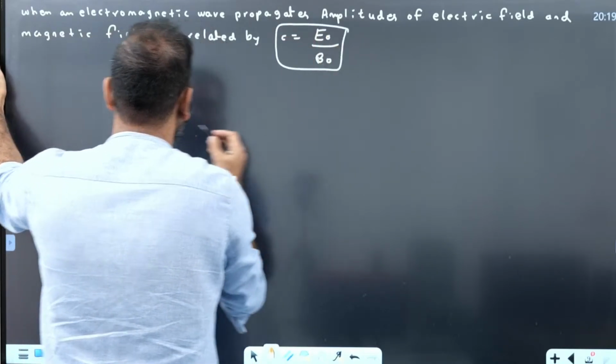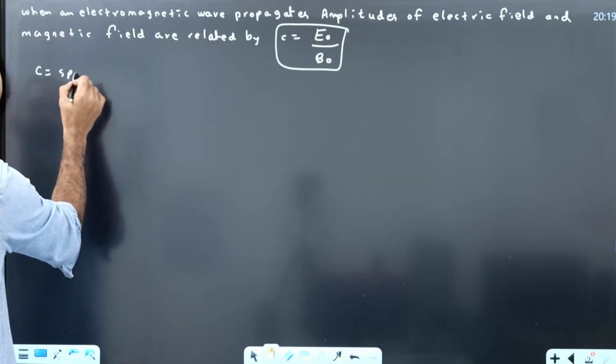What is C? C is equal to speed of light.